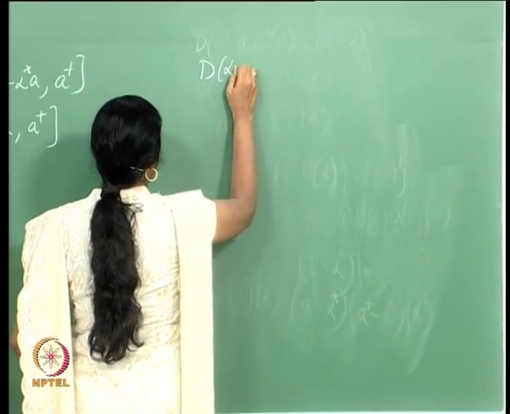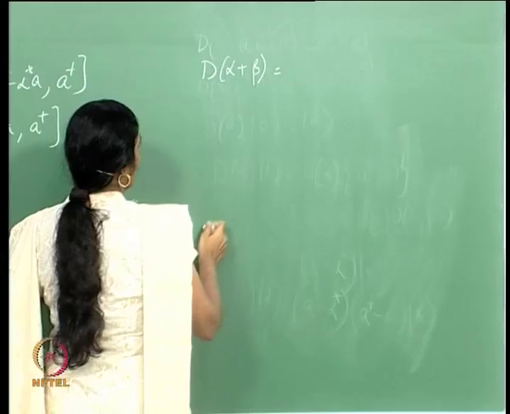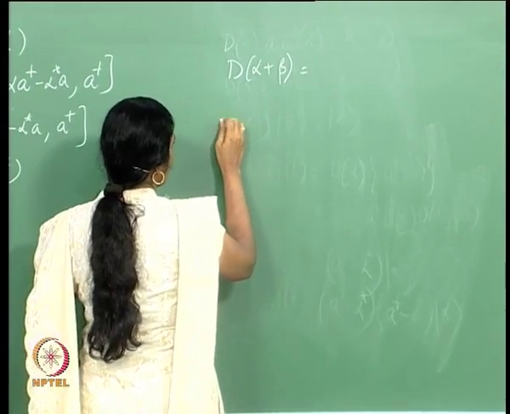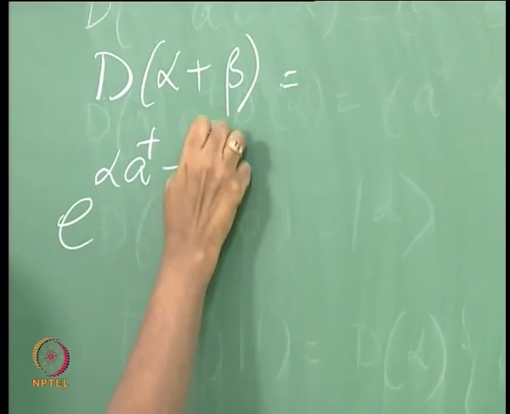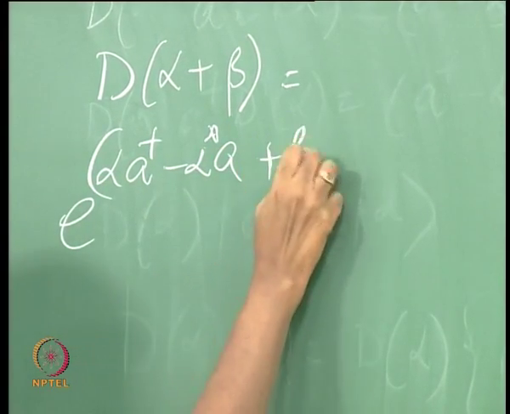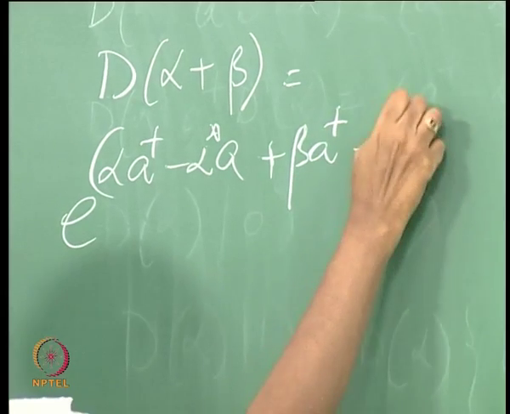Consider D of alpha plus beta. Now this object is e to the alpha a dagger minus alpha star a plus beta a dagger minus beta star a.